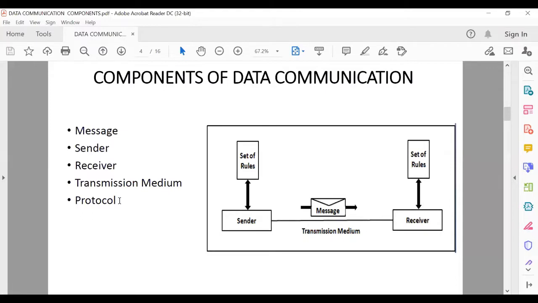So basically, the protocol is a set of rules that governs the data communication, and it is a necessity in data communication, without which the communicating entities, as for example two persons trying to talk to each other in a different language without knowing the other language. Okay, so protocol is a very major component in data communication.